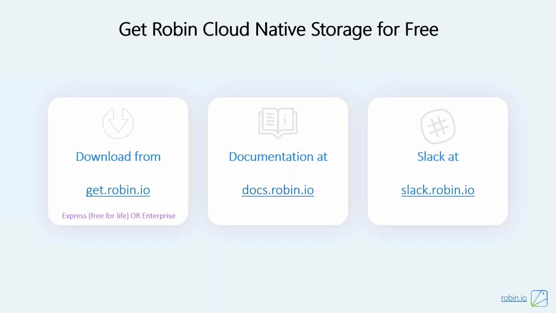Okay, great. Thank you. We have a bit of a technical question. What if we only want to back up the data or persistent volumes? Does Robin support that? Yes, absolutely. All the application awareness and automation that Robin provides, you can actually configure to your choice.